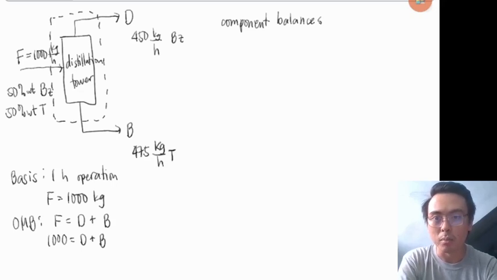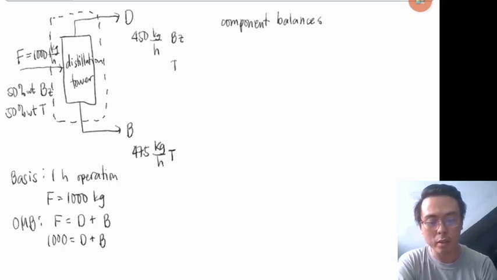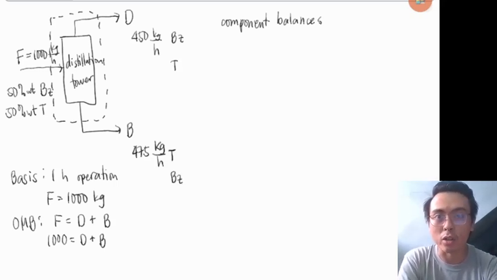In this case, both benzene and toluene enter in one stream and exit in both streams, because what the problem did not tell you is that there is still some residual toluene in the distillate, and there is also some residual benzene in the bottoms. Because this distillation is not 100% perfect, it was not able to separate these two substances perfectly.